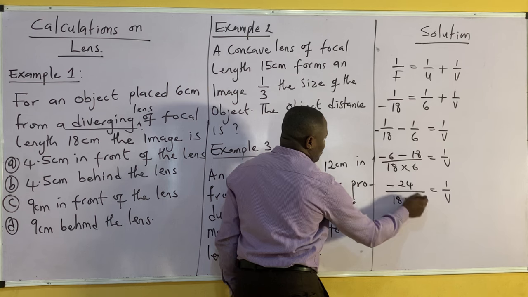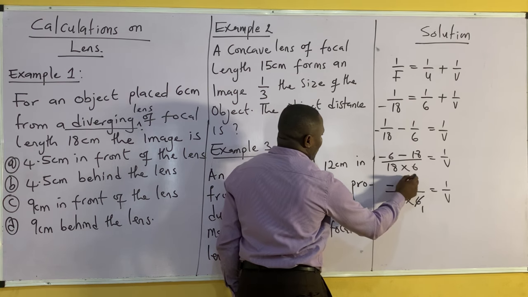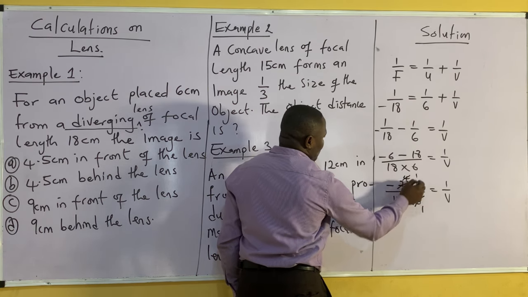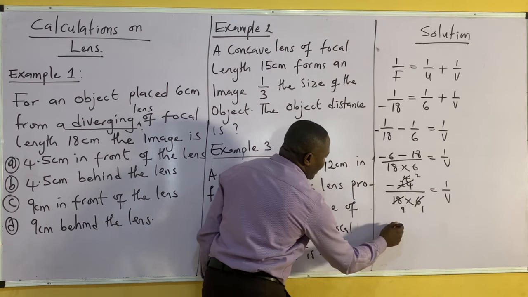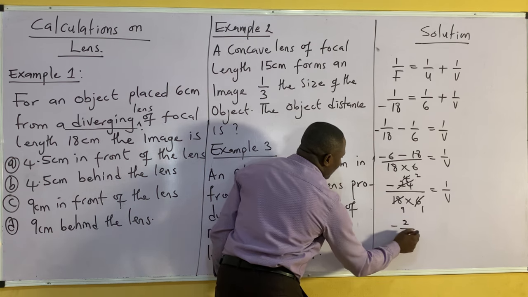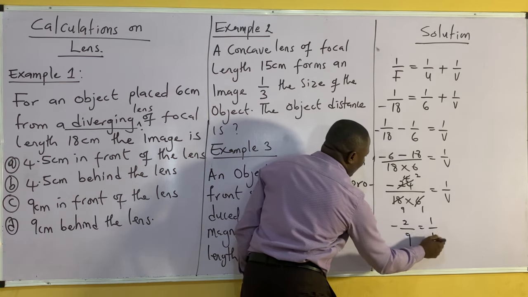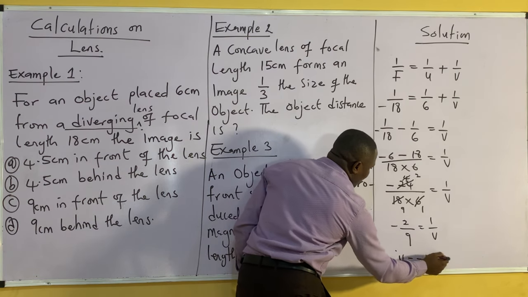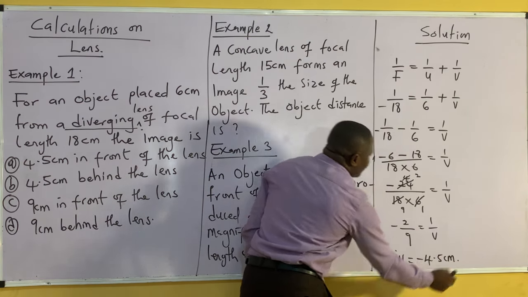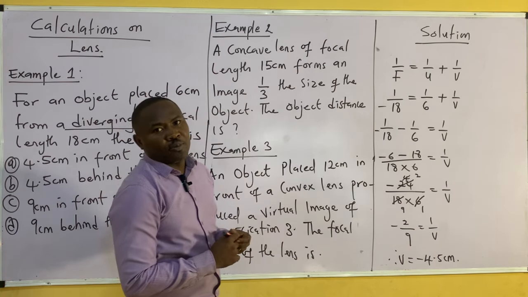So 6 here is 1, 6 here is 4; then 2 here is 2, 2 here is 9. So I have minus 2 over 9 equals 1 over v. Therefore, v is minus 4.5 centimeter.